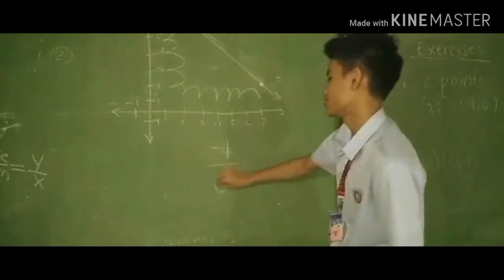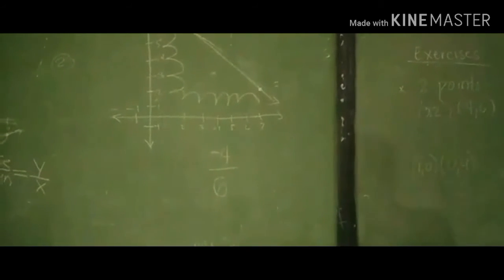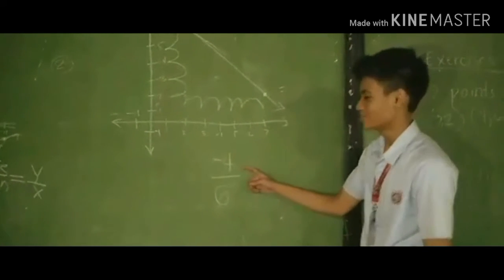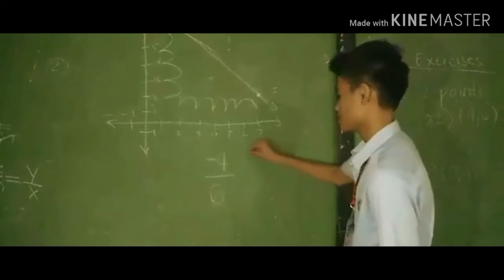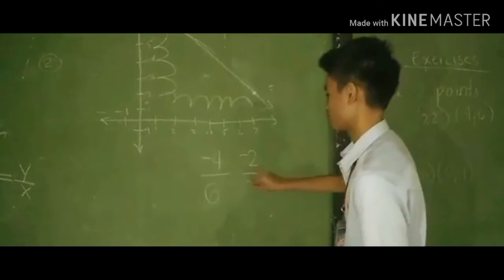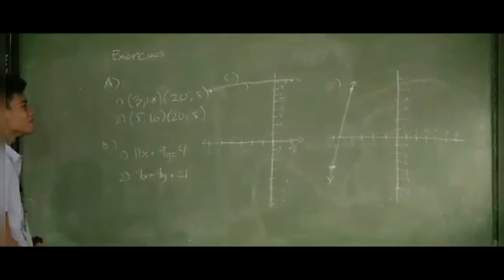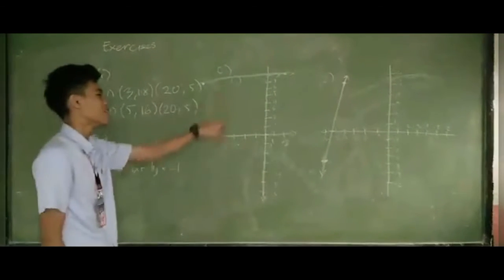It is 6 because it is also going to the right. This answer is not our final answer because it can be simplified. So it is negative 2 over 3.